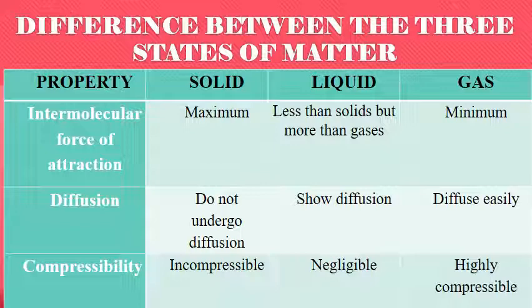You will be asked to explain the reason for a solid having a definite shape, a liquid having no definite shape, or why a solid is not compressible while a liquid is compressible, why a gas can diffuse while a solid cannot diffuse. So you will have to explain the reason for all the properties which are shown by the solid, liquid and gas. Some of these have been explained.